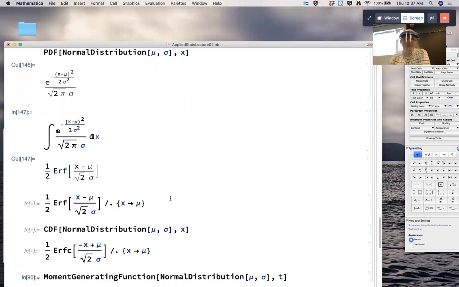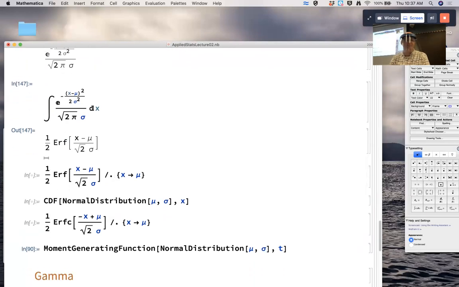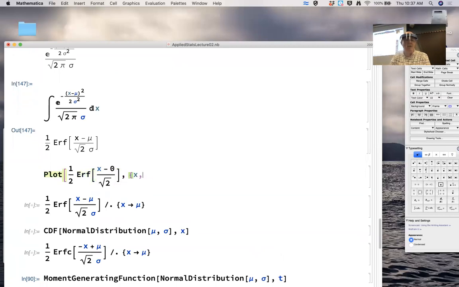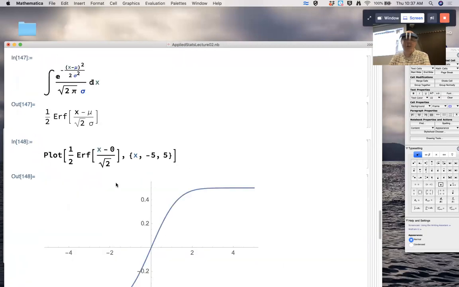What does this do? This evaluates that CDF. That's the CDF there. And by the way, I can plot it if I pick a particular value of mu and sigma at least. I pick mu to be 0 and sigma to be 1. There's the CDF.